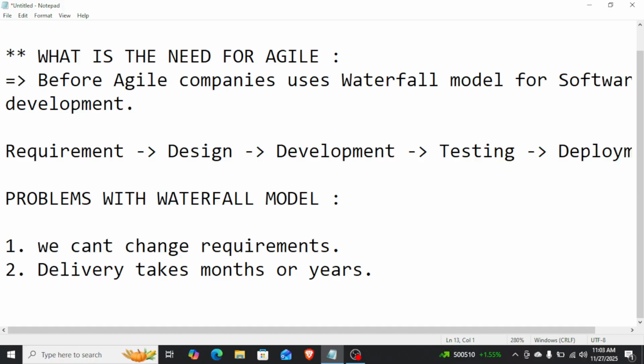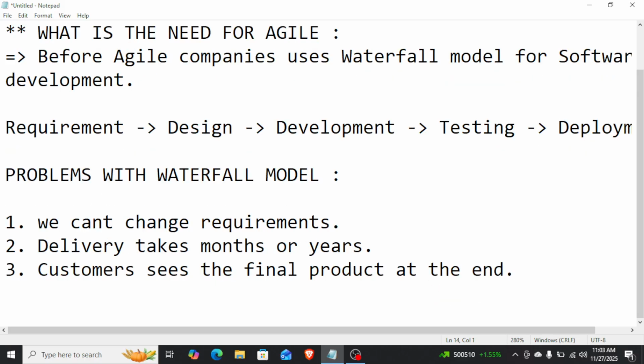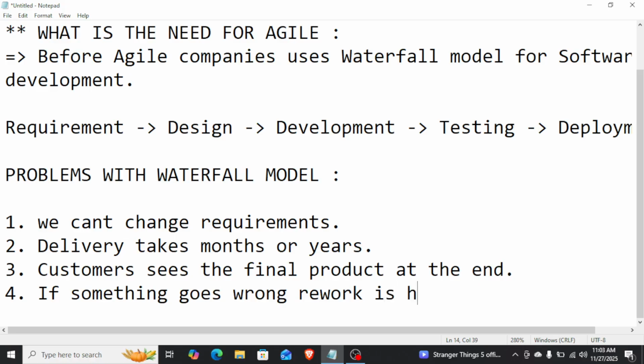And the third problem is the customer sees the final product only at the end. If something goes wrong, rework is huge.